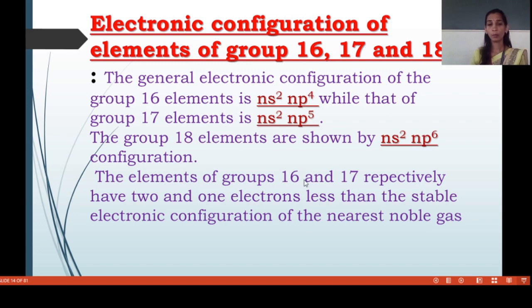The elements of group 16 and 17 respectively have 2 and 1 electron less than the stable electronic configuration nearest to them, that means group number 18. Group 16 has 2 electrons less than group 18, and group 17, the halogen group, has 1 electron less than group 18.